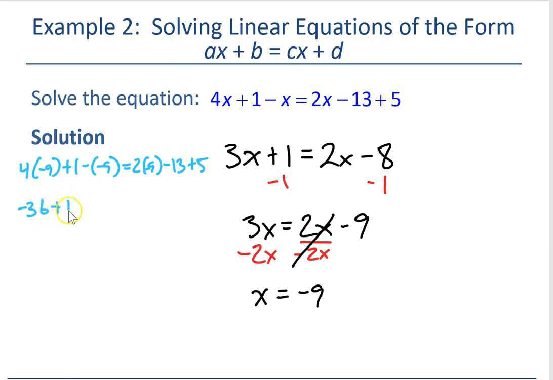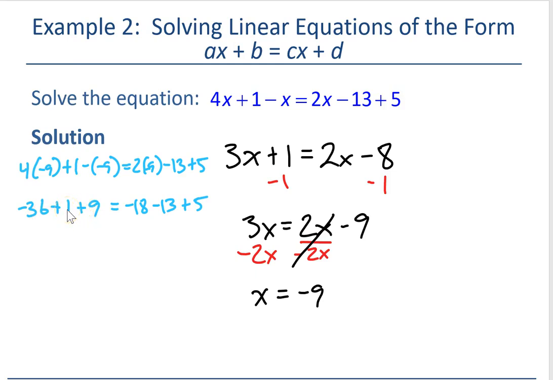Then I've got plus 1, and notice I've got a negative and a negative. That's going to give me a positive 9. Then 2 times negative 9 is going to give me negative 18 minus 13 plus 5. Negative 36 plus 1 is going to give me negative 35. Plus another 9 is going to give me negative 26.